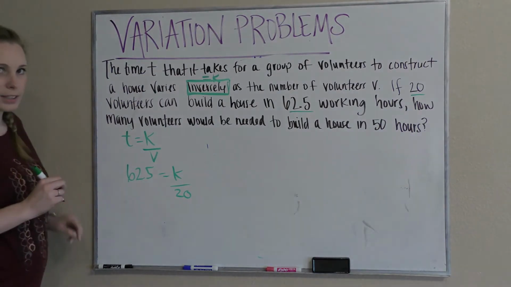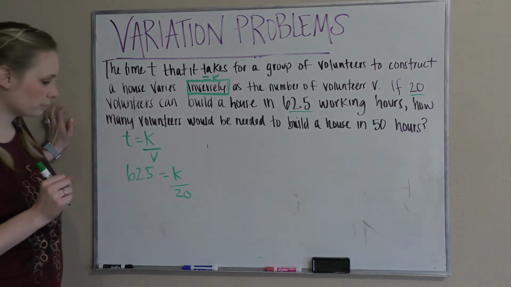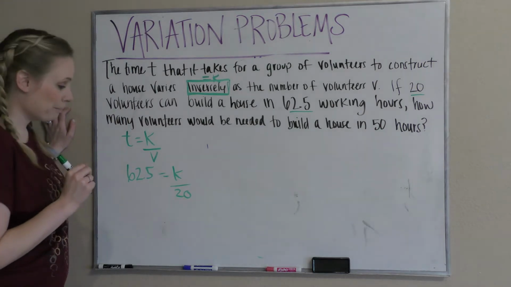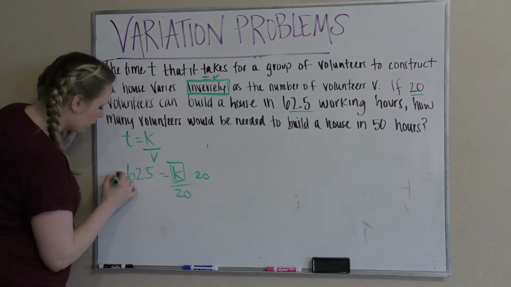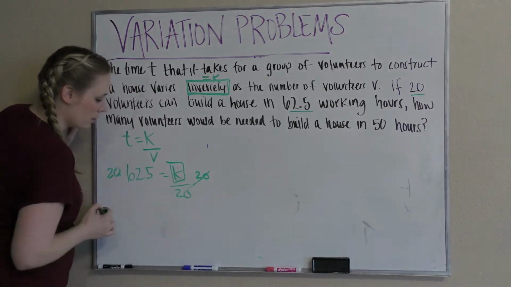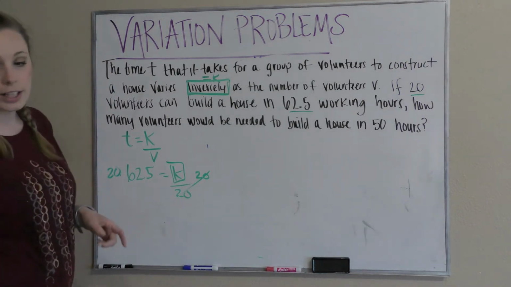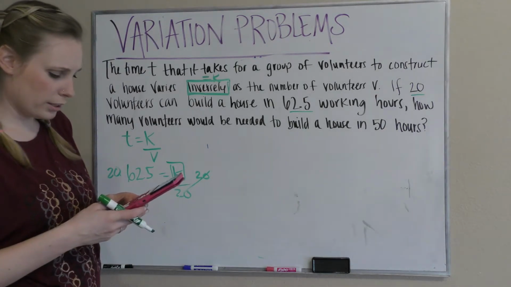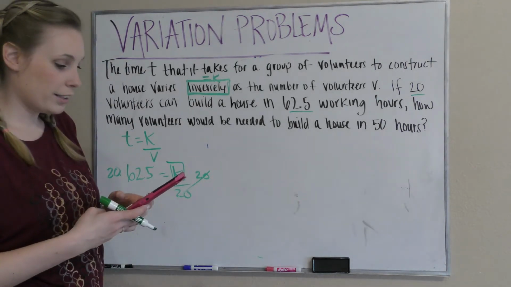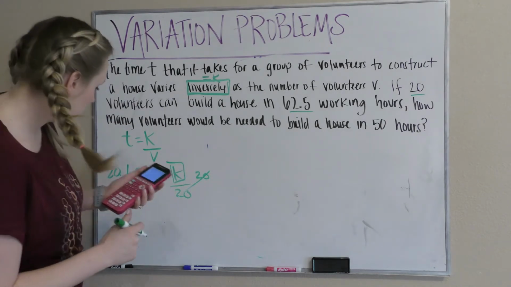How do I get k by itself? Well, I have to clear my fraction. I'm trying to get k by itself. So I'm going to multiply by 20 on both sides. And 20 times 62.5, I should be able to do that in my head, and I probably could. I'm just lazy. Is 12,050.